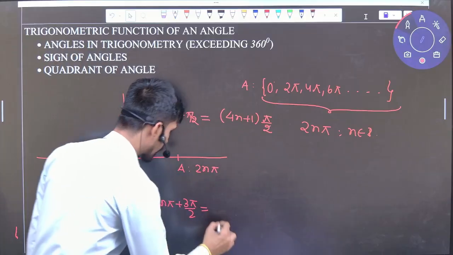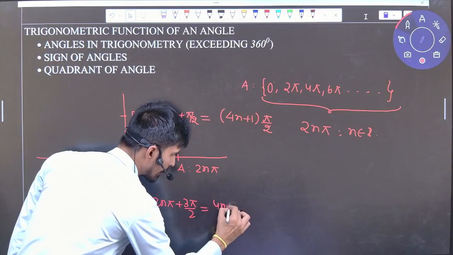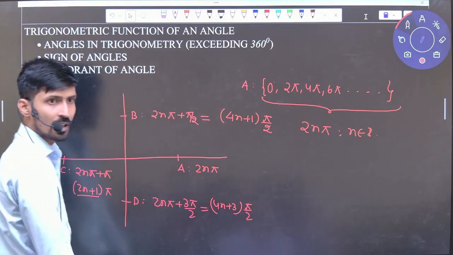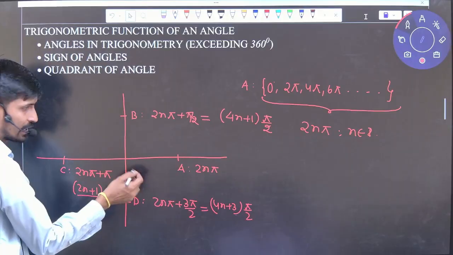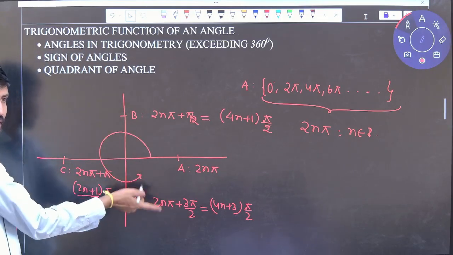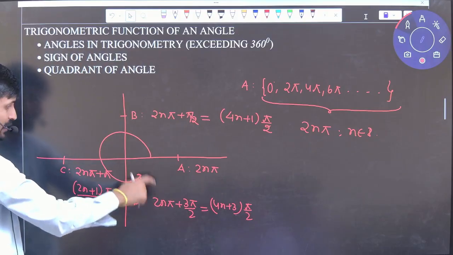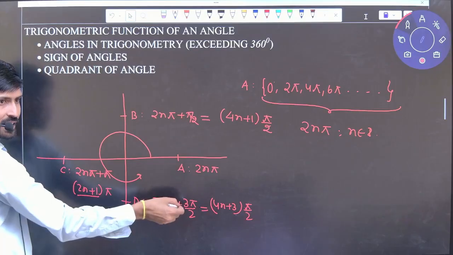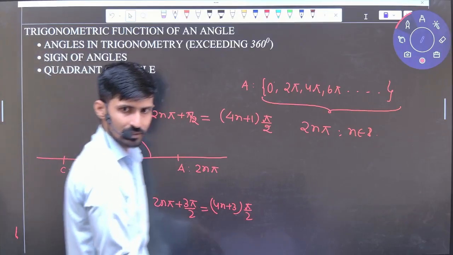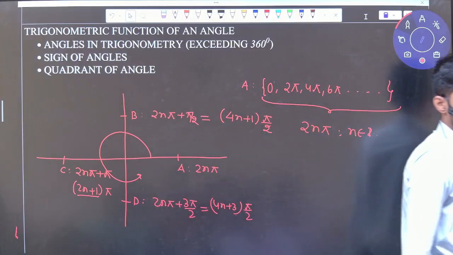So all these angles, whatever I have written, we measure in the anti-clockwise, positive direction. But the same angle we can write in the clockwise direction also. Yes or no? Okay, na? So write down this part.